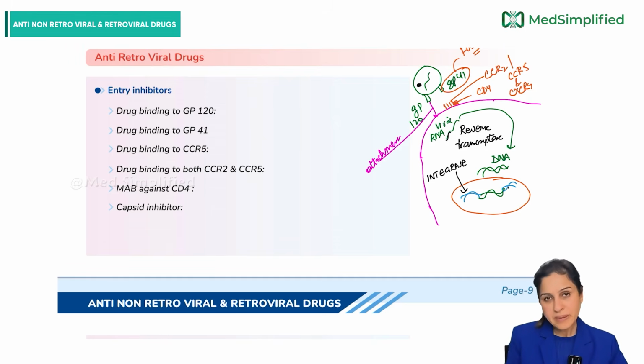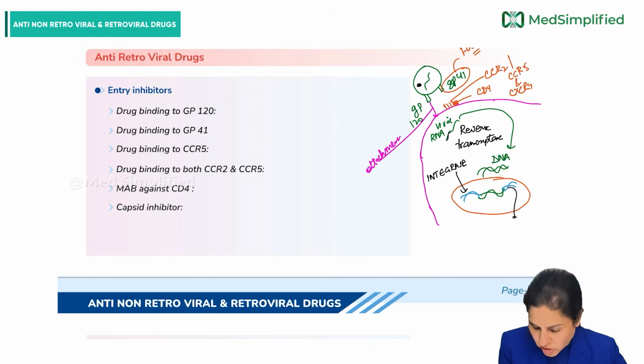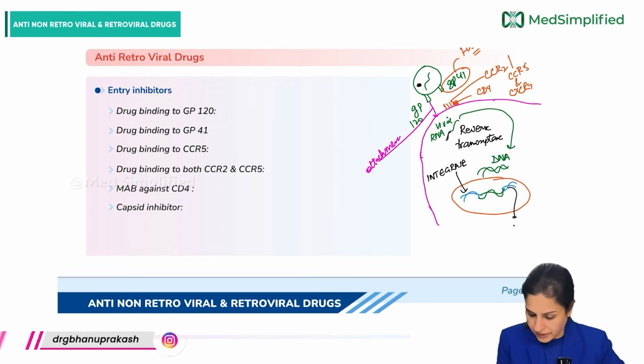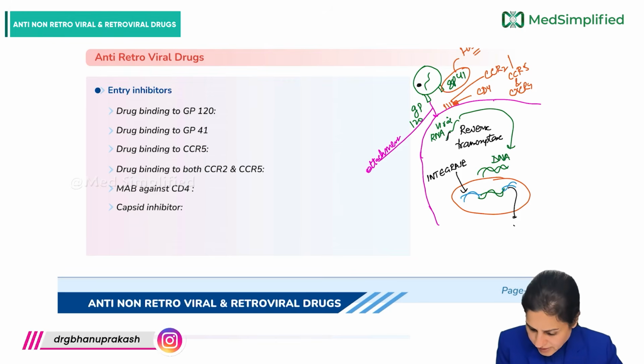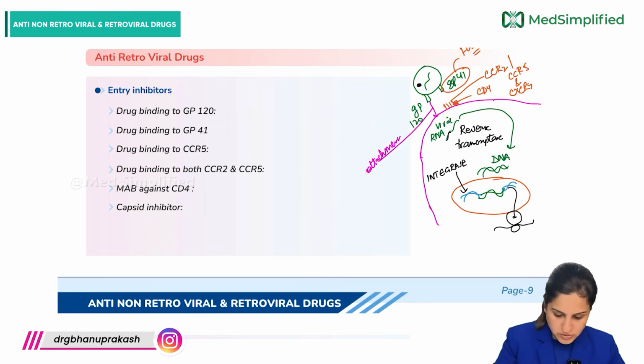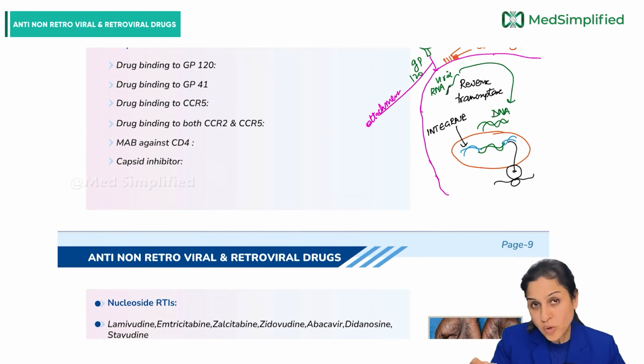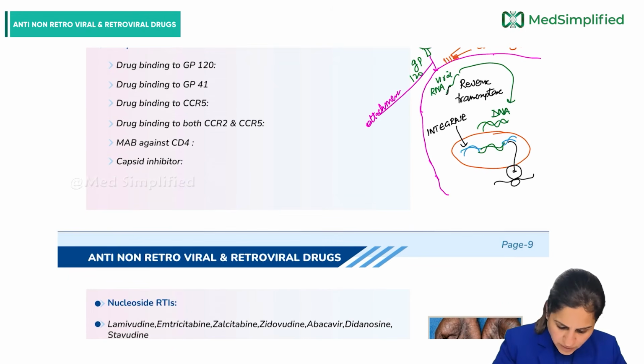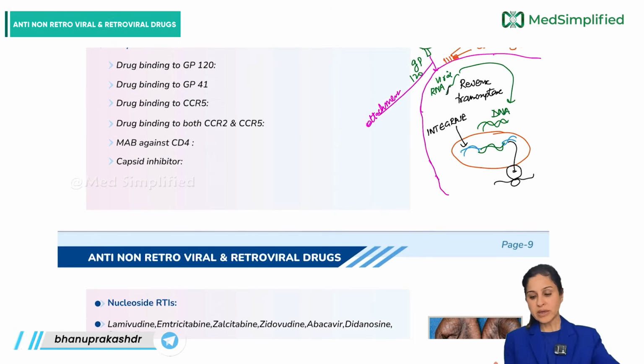Then there is replication, then there is formation of mRNA, right? The protein synthesis occurs, replication is occurring here. So this is all inside the cell only. Now the proteins are formed, and these are polyproteins being formed, right?